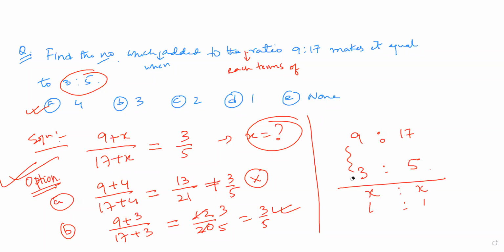So minus the whole and then apply cross multiply, and you will get your answer. Either use this method or simply go by the option method. That is up to you.